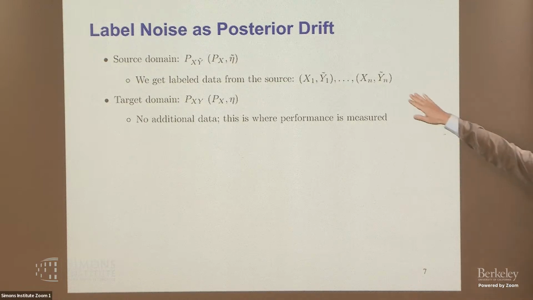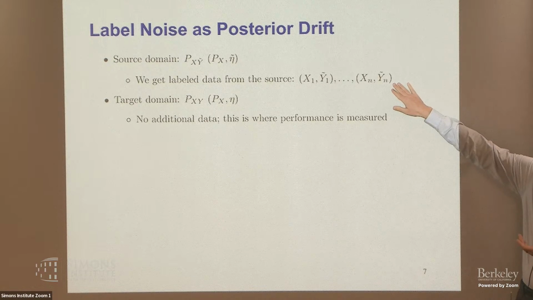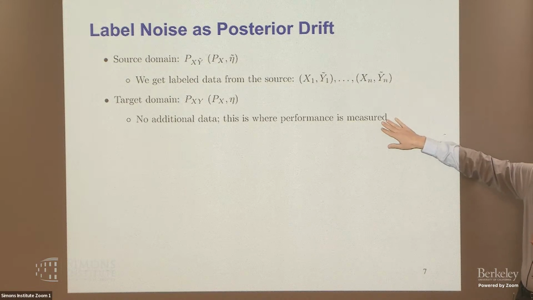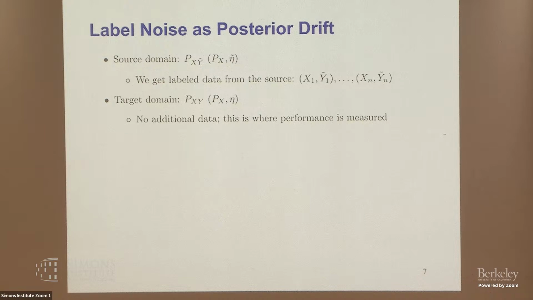And we get labeled data from this. That's our noisy training data. The target is the clean data distribution. And we don't get any data here, right? Yet this is where we want to measure our performance. So in a label noise problem, the clean and the noisy data have the same X marginal, so it's a posterior drift model.